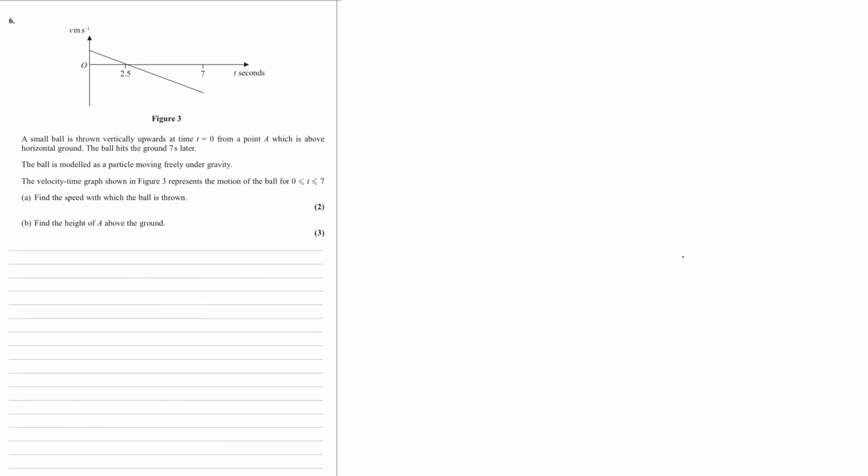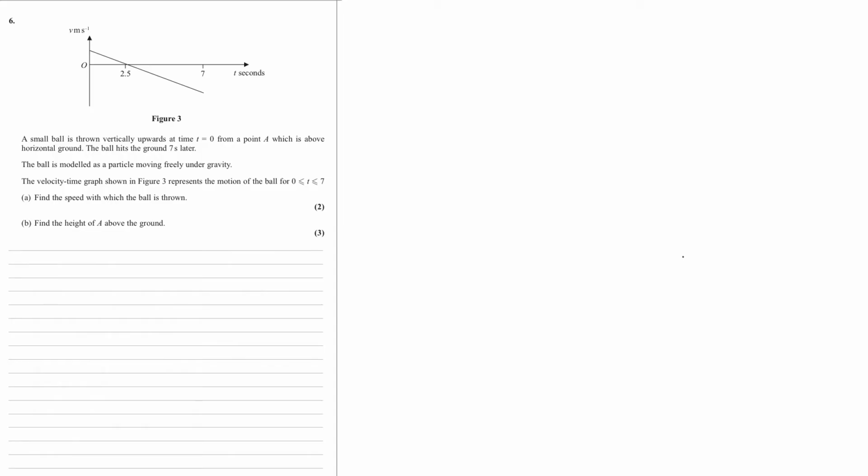Now, for part A here, we can see at the beginning, which is this point here, the ball is thrown vertically upwards with this speed. After 2.5 seconds, it's going to reach its maximum height, and then eventually it hits the ground at 7 seconds.